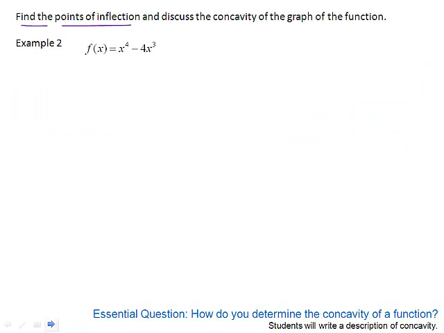So we are going to find the points of inflection and discuss the concavity of the graph of the function. And it is possible to have more than one point of inflection. So the concavity could be really loopy, right? It could change a bunch.